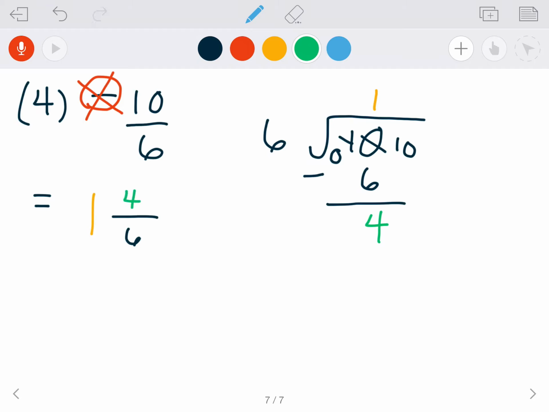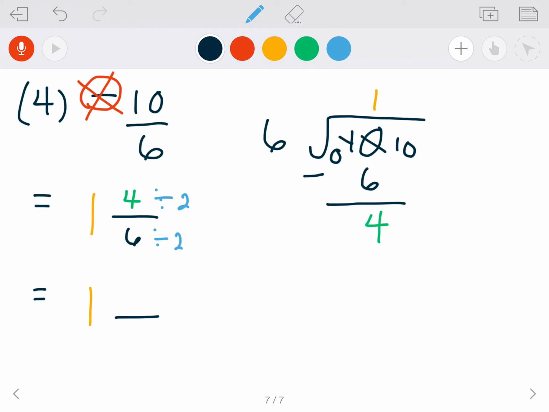Okay, now we ask ourselves, are 4 and 6 both even? Yes, they are. So that means that they share a common factor of 2. So we can divide both numbers by 2. Let me be clear, that's division. Okay, so we still get 1 as our whole number.